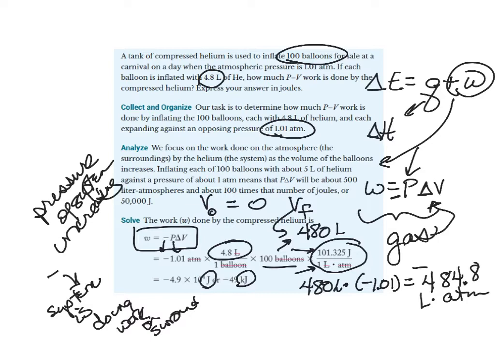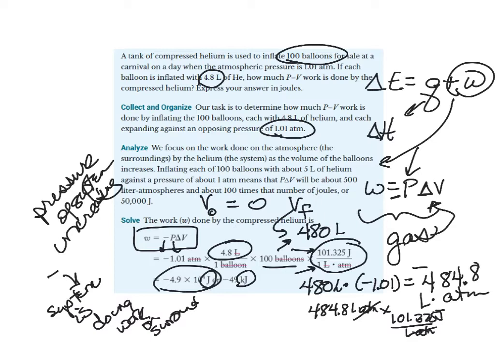But since the problem asks for it to be in kilojoules, we are then going to convert that liters atmosphere to joules and then kilojoules by using the conversion factor of 101.325 joules per 1 liter atmosphere. All right, so the liter atmosphere cancel, and you get minus 4.9 times 10 to the 4th joules.